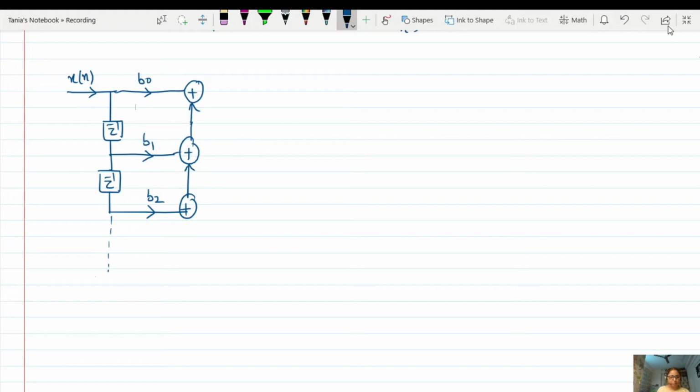At the end we have z inverse. Here we get x of n minus 1, x of n minus 2, up to x of n minus m, and here we have b of m added in the previous term.